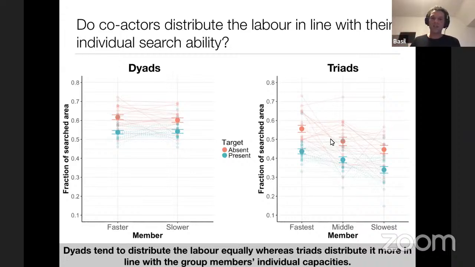If you follow such an avoid strategy, then you actually use more of your individual capacities in comparison to dyads. However, also keep in mind the dyads are still more efficient in dividing the labor. So that's what I want to say.